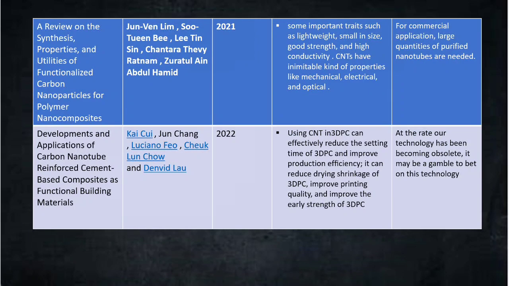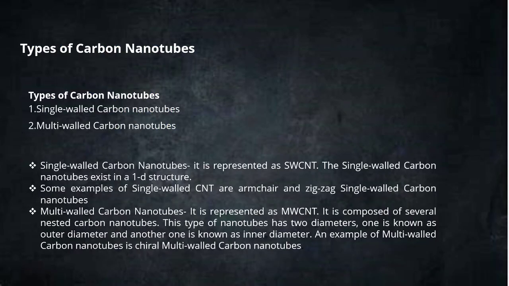It can reduce drying shrinkage of 3D-PC, improve printing quality and improve the early strength of 3D-PC. The negative is that at the rate our technology is becoming obsolete, it may be a gamble to bet on the technology.